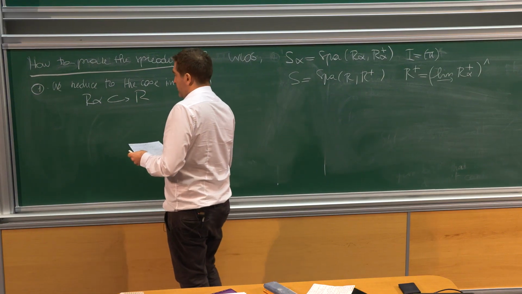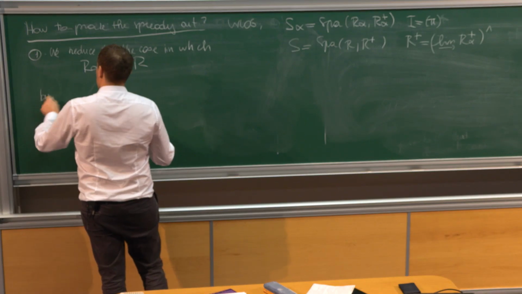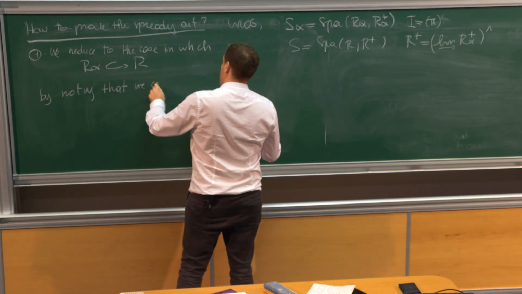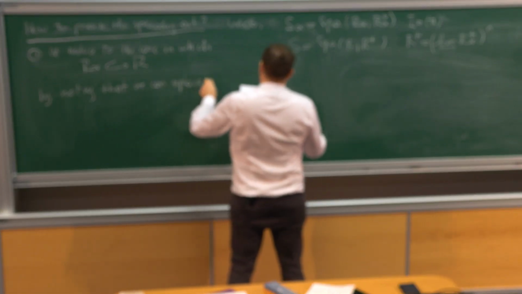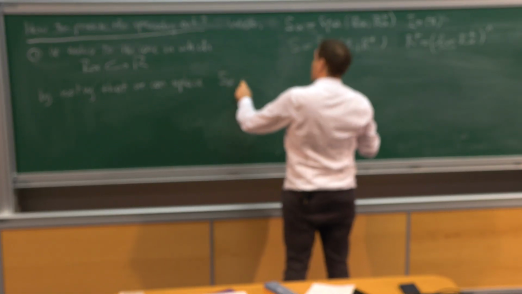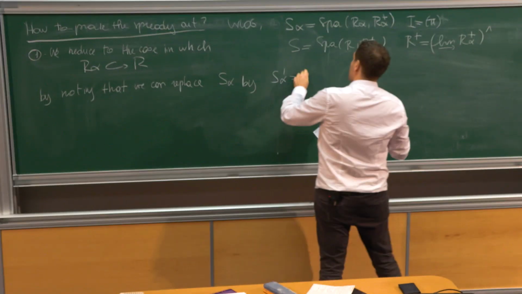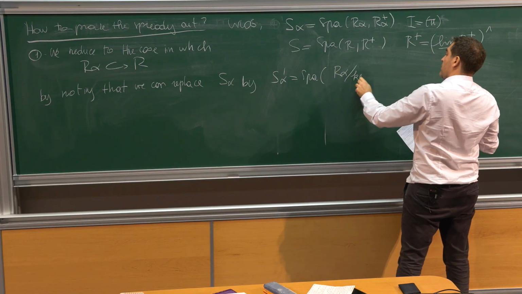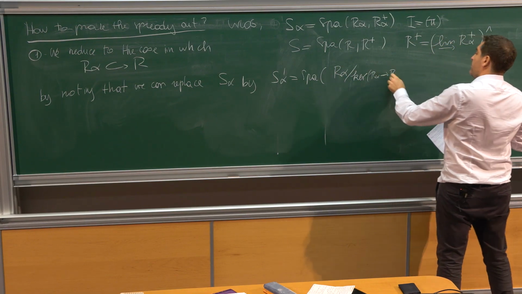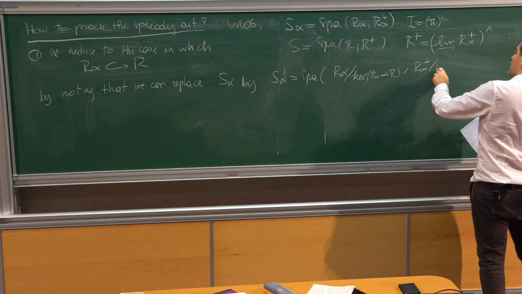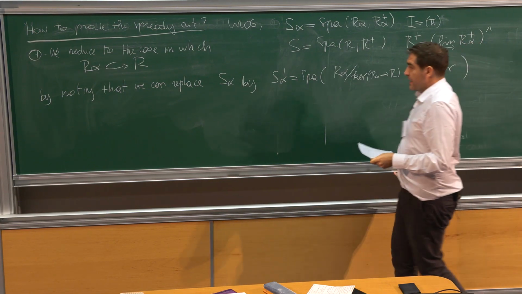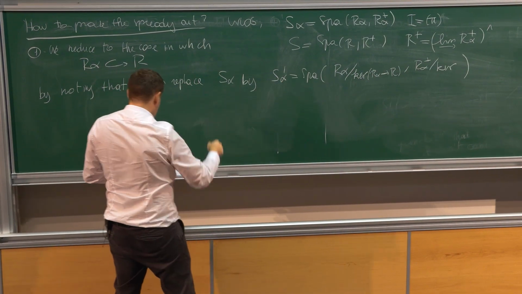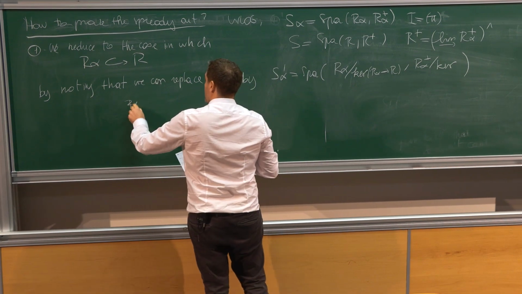How come? Well, by noting that we can replace the S_α by the S_α' given by the spectra of the same thing, but modulo the kernel to R. Well, why is that? Because you see S_α' is Zariski closed in S_α, but here we can use localization, the localization triangle.